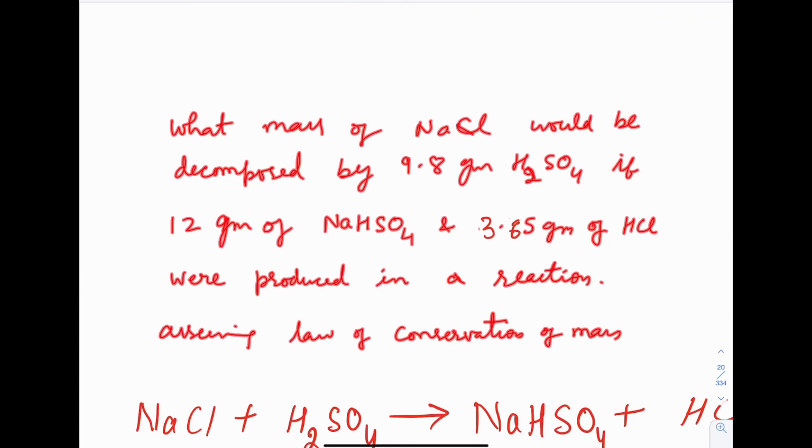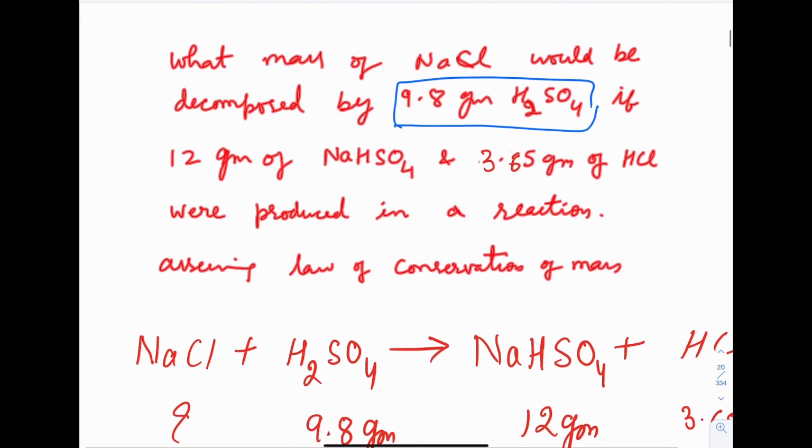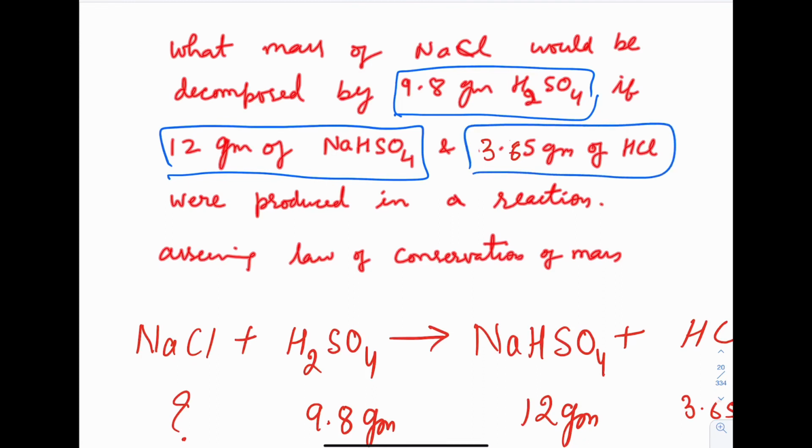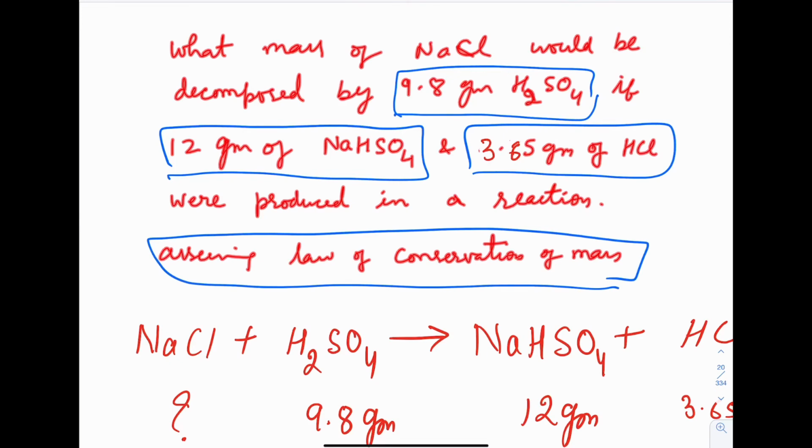What mass of NaCl would be decomposed by adding 9.8 gram H2SO4 if 12 gram of NaHSO4 and 3.65 gram of HCl were produced in a reaction, assuming the law of conservation of mass. What is the reaction?